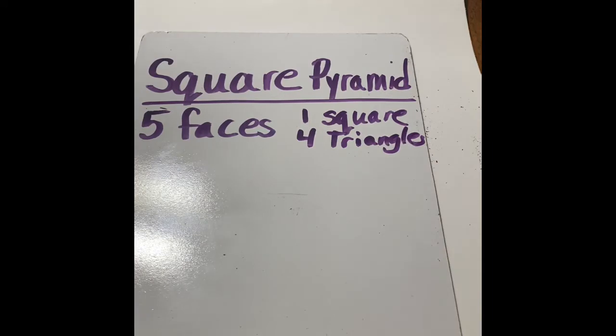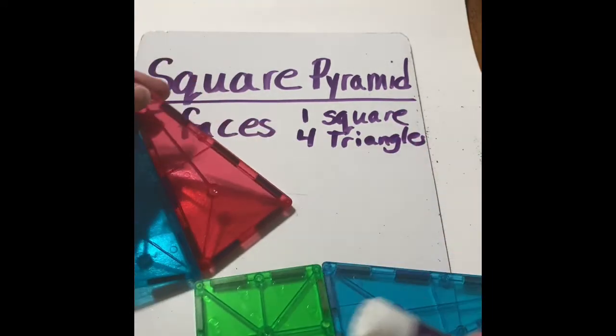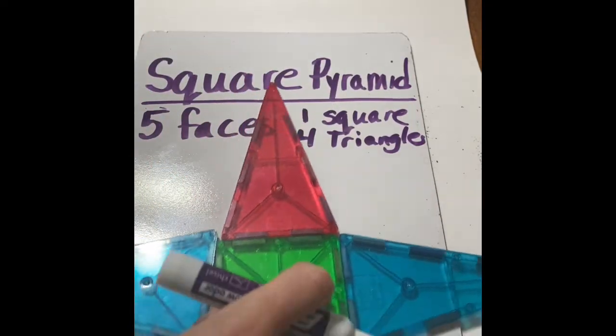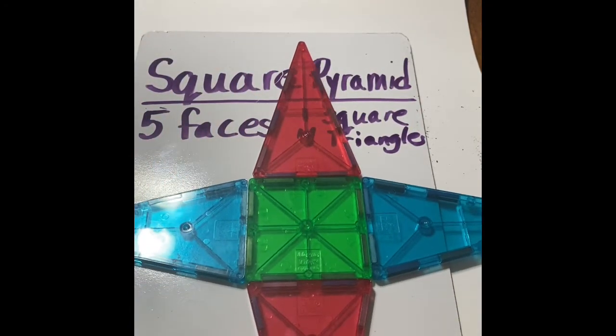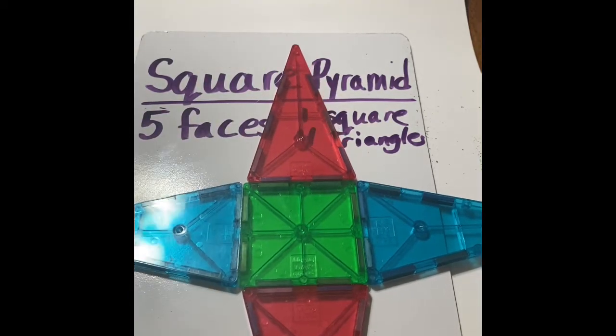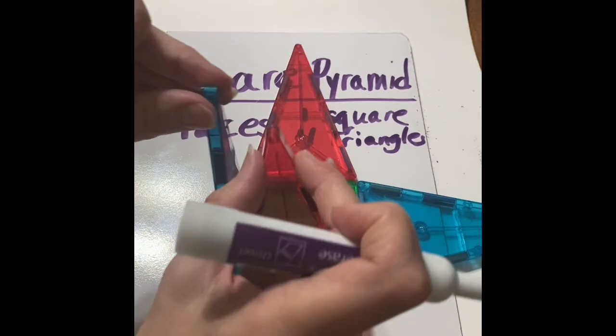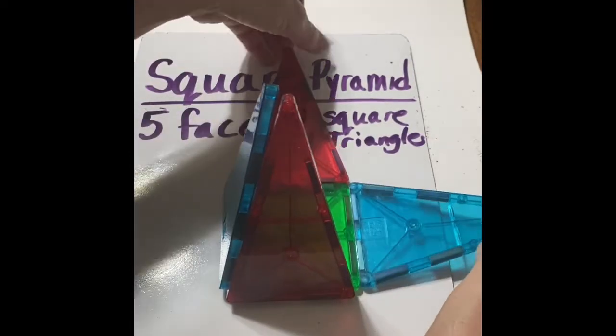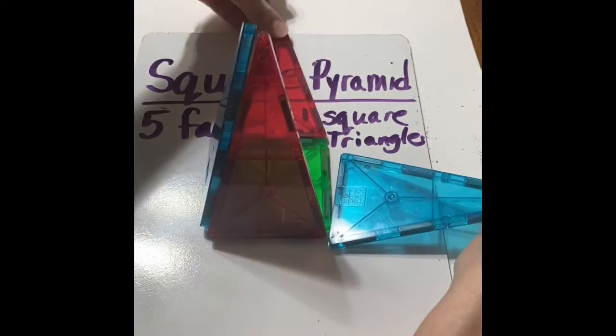To show the 5 faces, we have 1, 2, 3, 4 triangles and the square base in the middle. And when we bring these up, the triangles come together at the top.